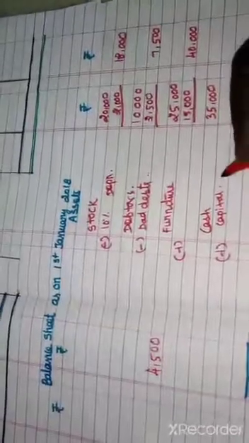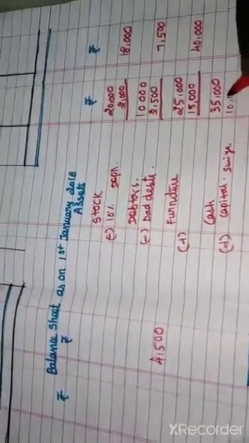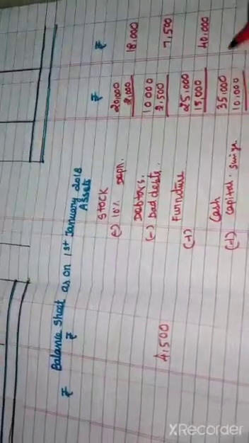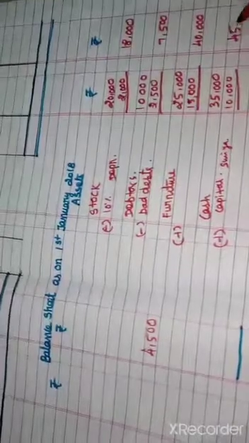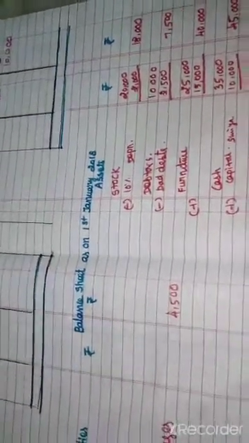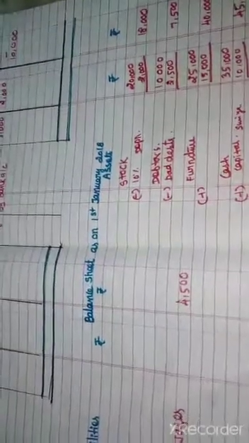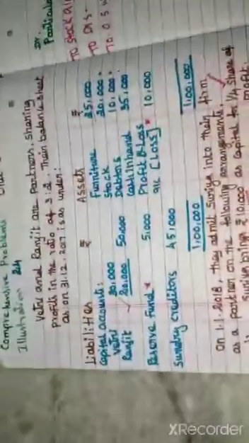Surya's capital amount 10,000, that also in the form of cash only. So that also should be included in the balance sheet. So 45,000 we have to enter. Keep it in mind, when the new partner brings cash for goodwill or capital, that should be added also in the cash in hand account. Now it is added, 45,000. It is recorded.